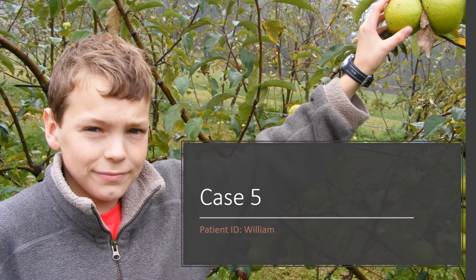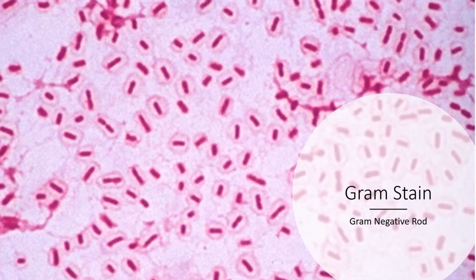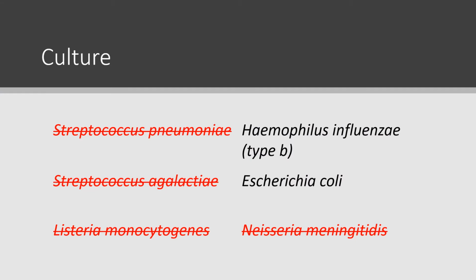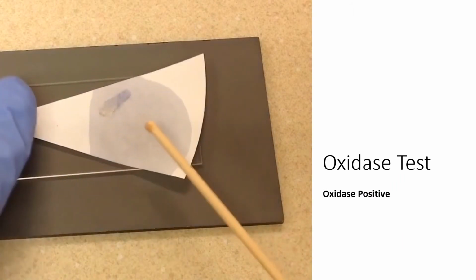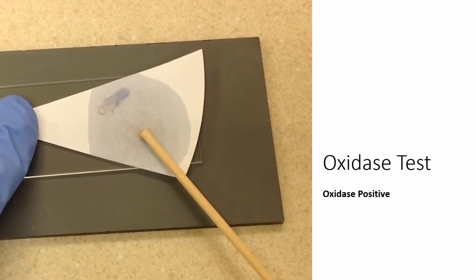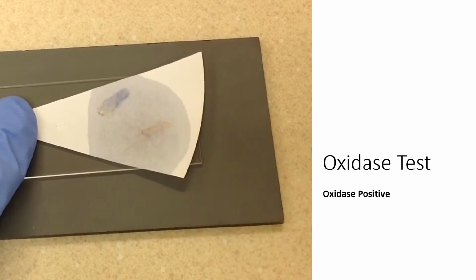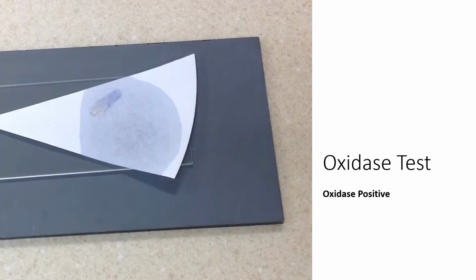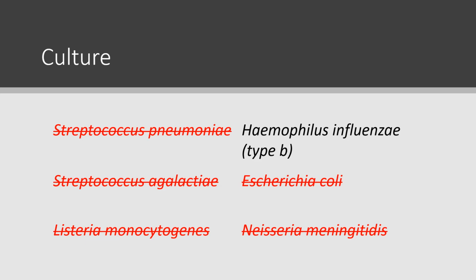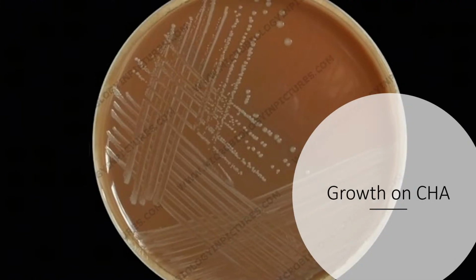This case study presented with a gram-negative rod, which is either Haemophilus or an Enterobacteriaceae. Again, do catalase and oxidase tests. If it's catalase positive and oxidase positive, the culture may be Haemophilus. And if it only grew on the chocolate agar plate, it probably is.